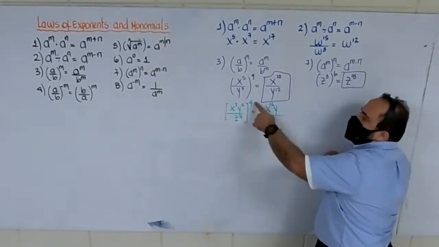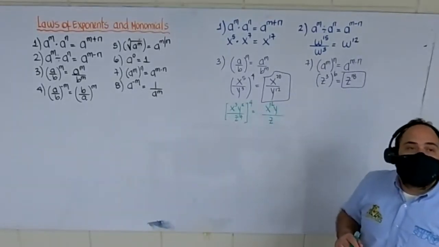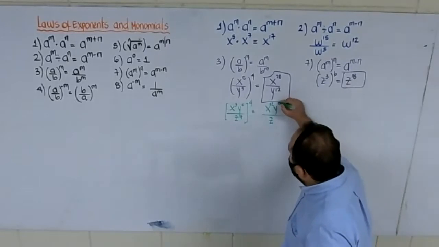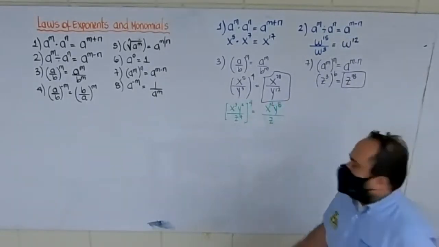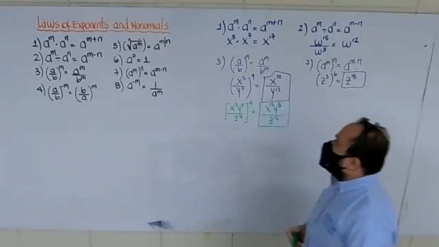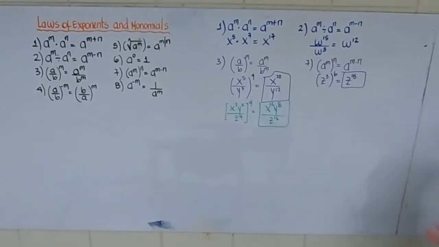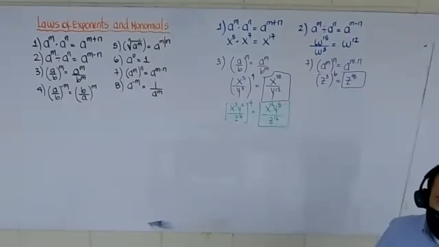Then another one, 4 times 2, 8. Okay, 8. And finally, 4 times 4, 16. 16. And that's it. The name of this rule, number 3, and rule number 7 is power of power, because you are going to copy the base and multiply the powers.